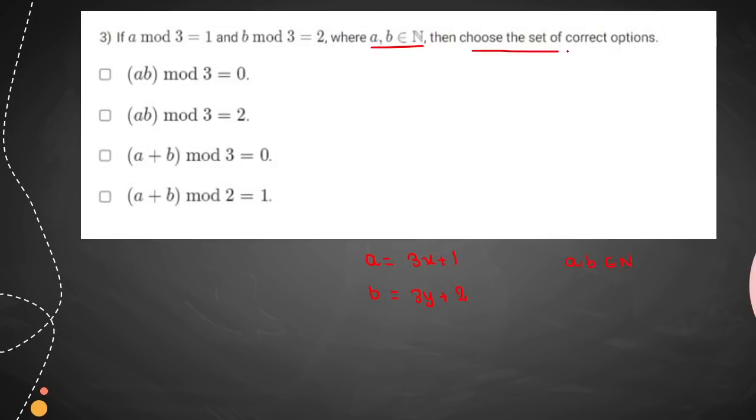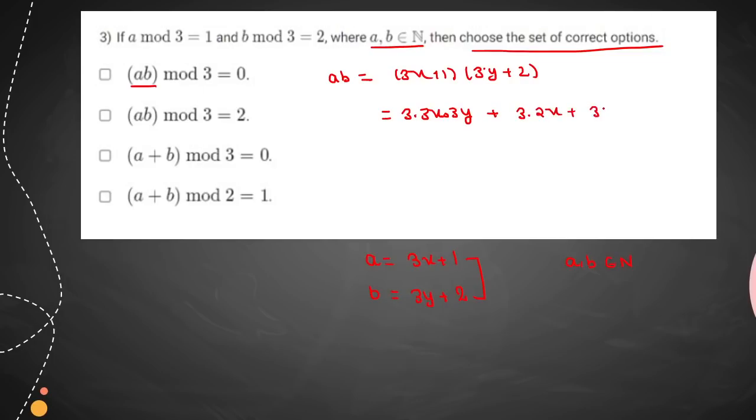So we have to choose the set of correct options. We have to choose either multiplication or addition. So AB will be equal to the product of 3x plus 1 and 3y plus 2. So it will be equal to 9xy plus 3 times 2x plus 3 times y plus 2.